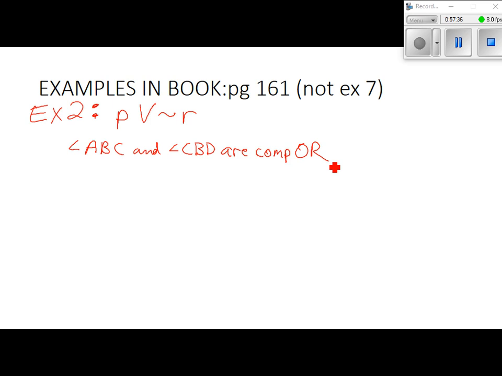Sorry, Gretchen, I didn't mean to skip over you. I'll get back to you. Not R. Kylie B, what is R? Look right above. What's it say R is on example 2?